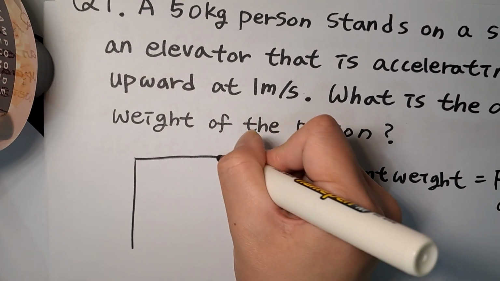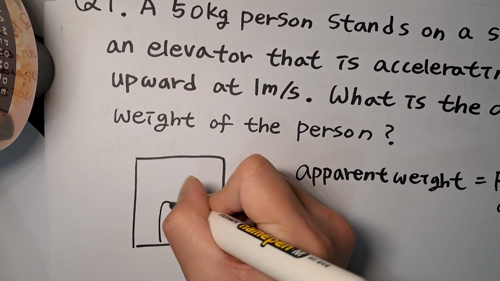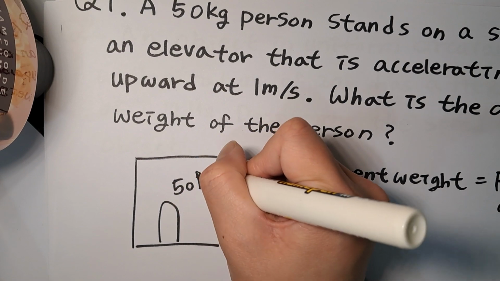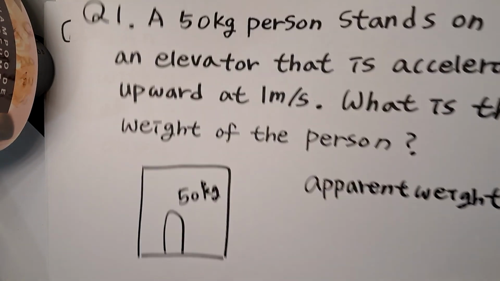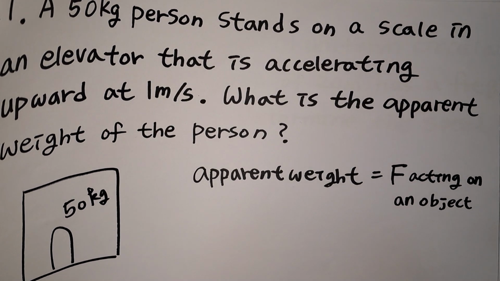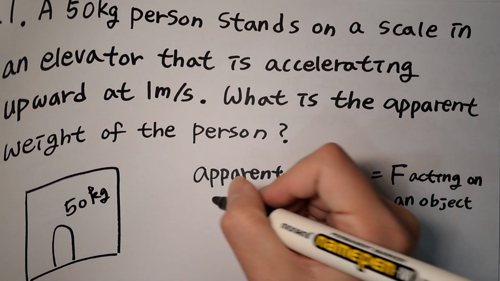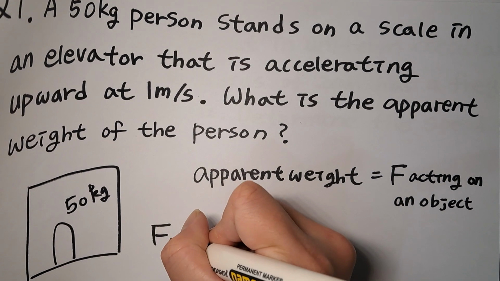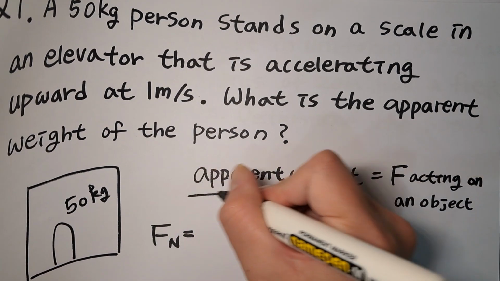So this is going to be an elevator and this is the person. The mass is 50 kilograms, and we are going to find the apparent force, the apparent weight.